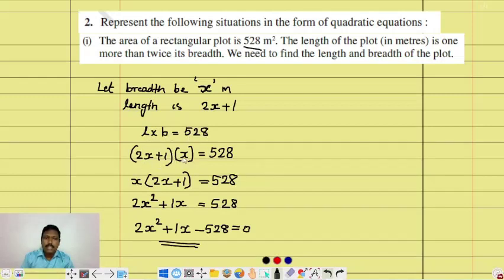So 2x plus 1 into x is equal to 528. So it will be x into 2x plus 1, because we know 3 into 4 is equal to 4 into 3. Both are same. So I used the commutative property here. Same method, x into 2x plus 1. Open the bracket, you will get a quadratic equation. Okay, children.